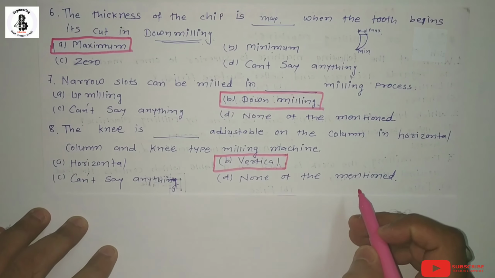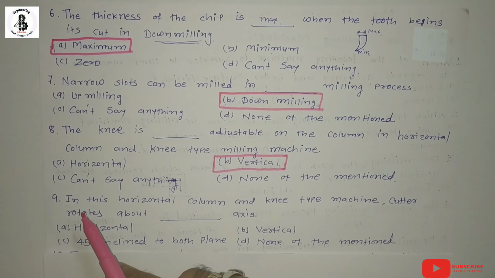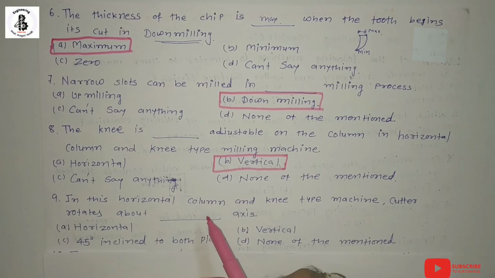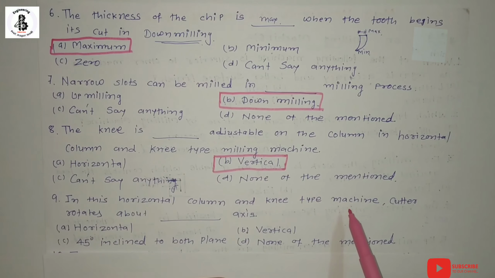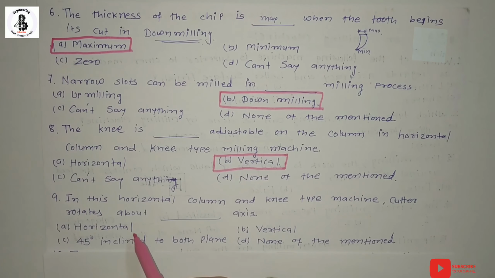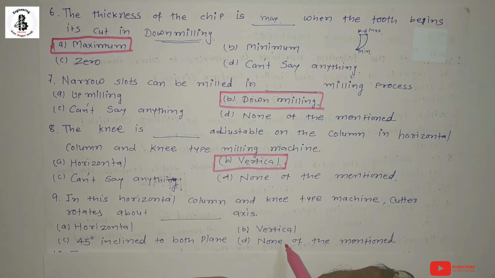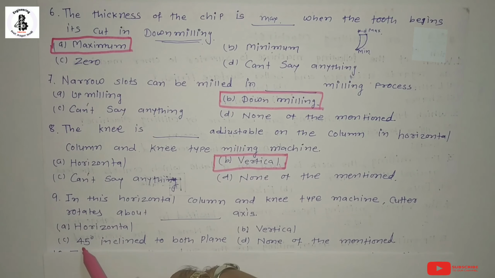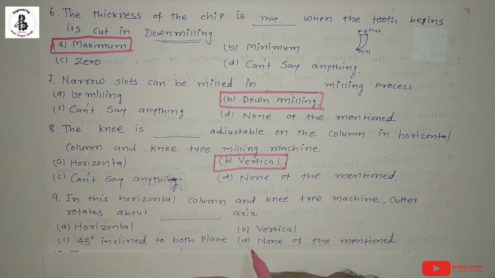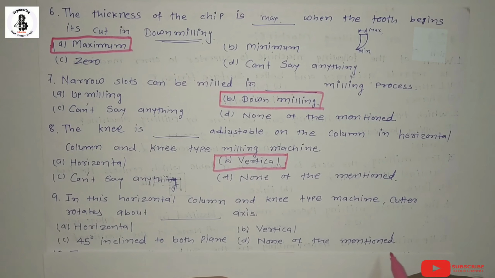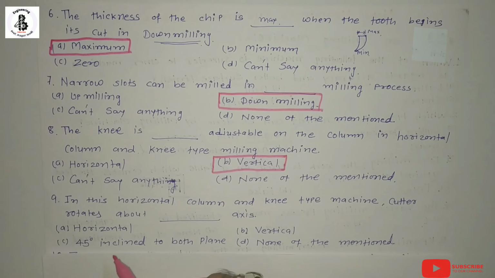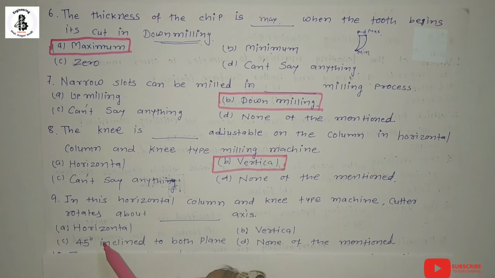So the option B. The next, in this horizontal column and knee type machine, the cutter rotates about which axis? Option A, horizontal. Option B, vertical. Option C, 45 degrees inclined to both the planes. And option D, none of the mentioned. We already discussed this in previous questions.